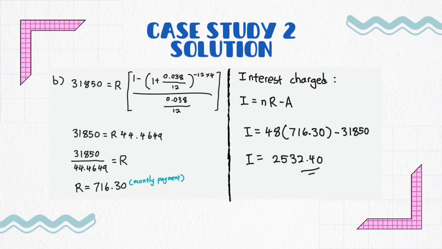To calculate interest charge, we need to use this formula, I equals NR minus A. So I equals 48 times 716 ringgit 30 cents minus 31,850 ringgit, and the final answer is 2,532 ringgit 40 cents.